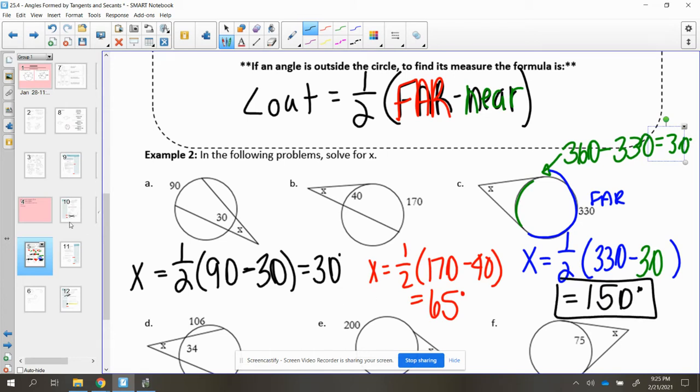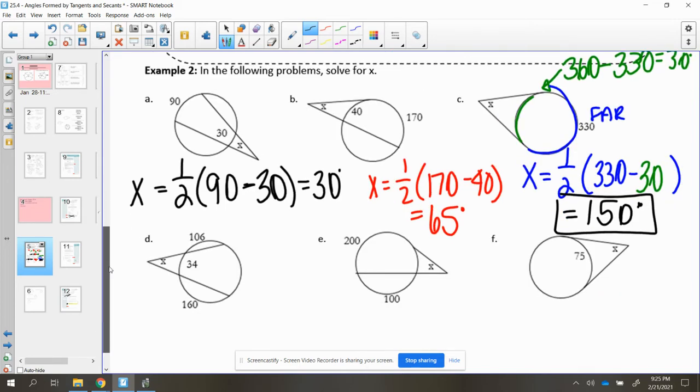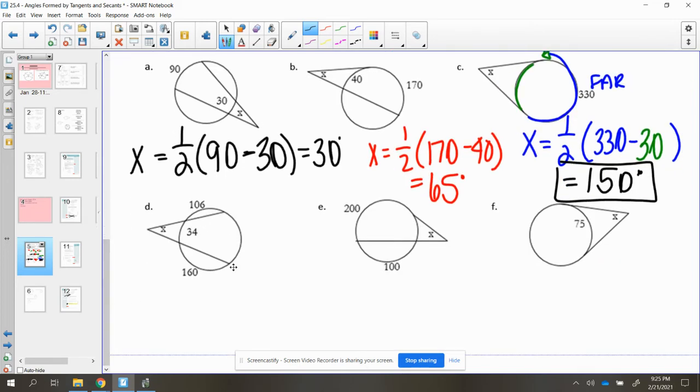Okay. Now on this next example, in example D, again, we need to do a little bit of work to find our far arc, because the near arc is actually given. The far arc is what we need to find here before we can find our value of x. So this time it would be 360 minus the 3 arcs we have of 106, 34, and 160.